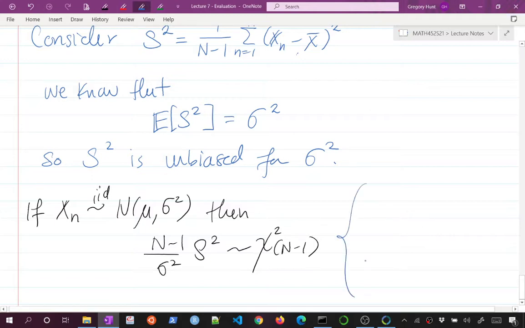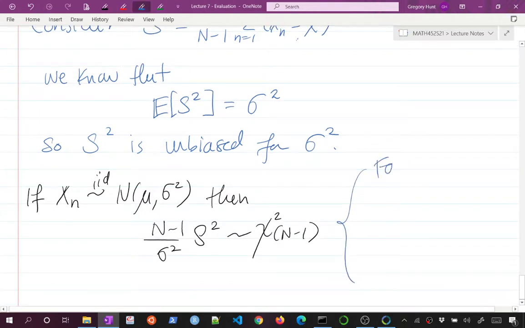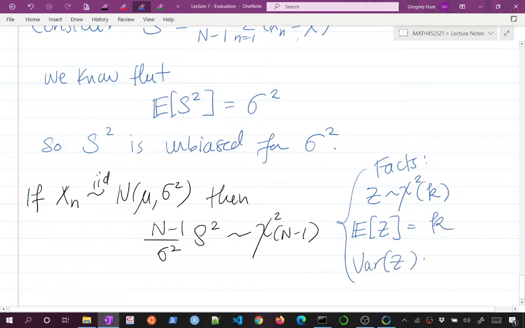And the facts about the chi-squared is that if, let's say, z has a chi-squared distribution with k degrees of freedom, the expected value of z is going to be k, and the variance of z is 2k. So those are some facts.